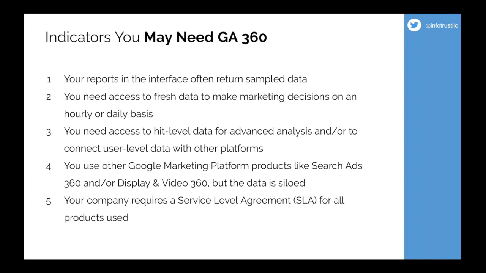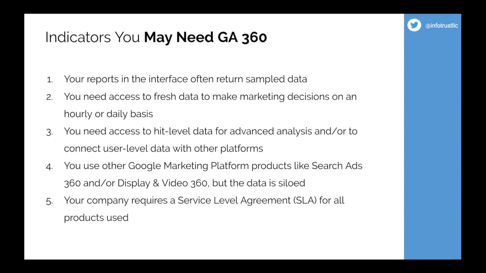Another big one is you need access to hit level data, and that can be for things like advanced analysis or to connect that data with user level data from your other platforms like a CRM system, a customer relationship management system, a point of sale system, any of these other types of platforms that you'd like to connect that with.